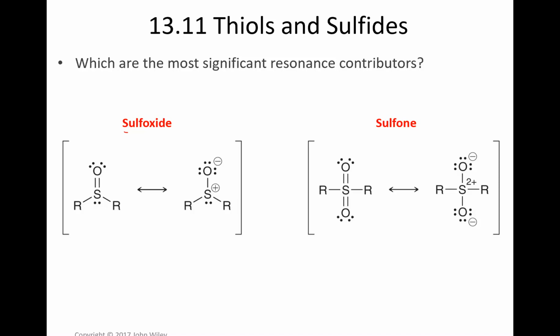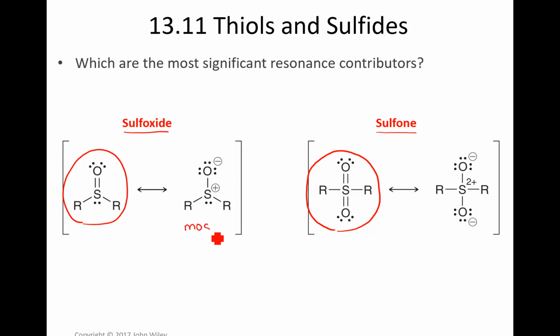Something that's interesting about the resonance contributors of both the sulfoxide and the sulfone is that the resonance contributor that has no charge, which is this one for the sulfoxide and this one for the sulfone, is actually the least significant resonance contributor.